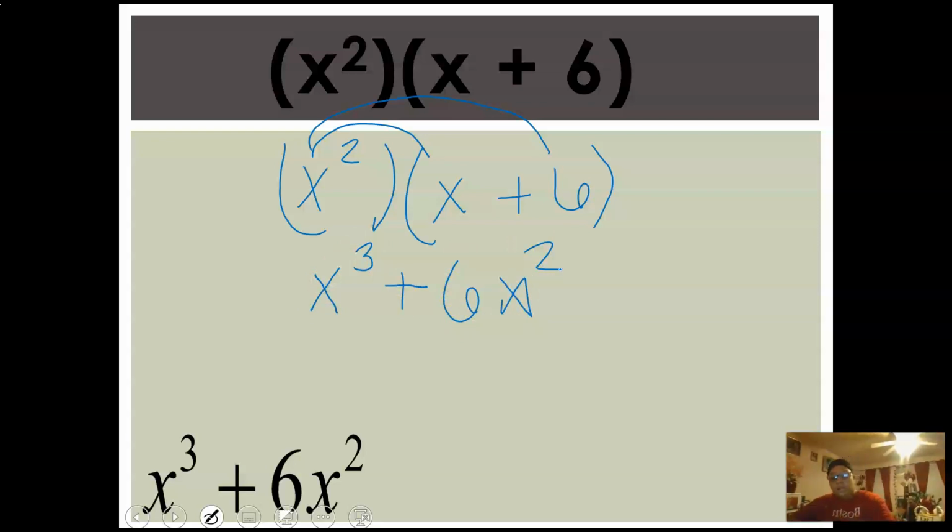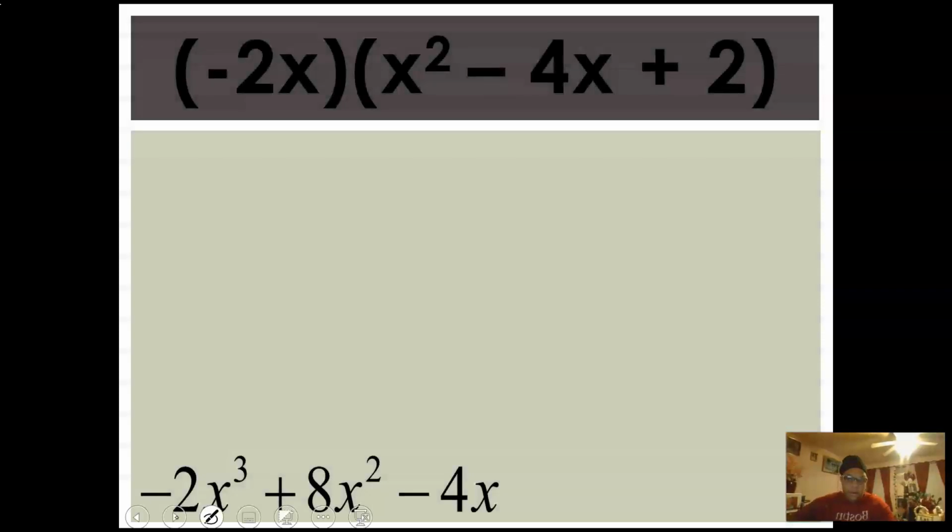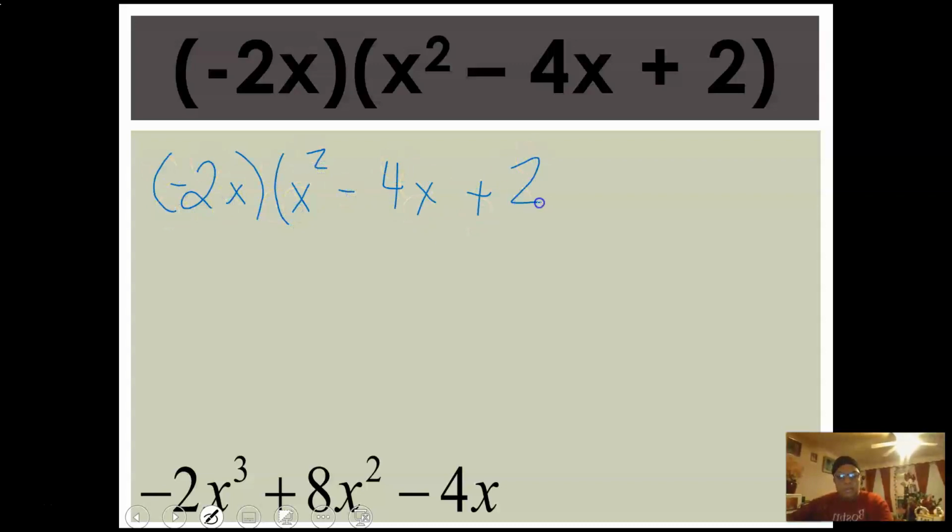Okay? Here, you take a look at this. Once again, all you're doing is distributing. This is a pretty simple lesson for most. Okay, so you're distributing your number, so it'd be negative 2x to the third.